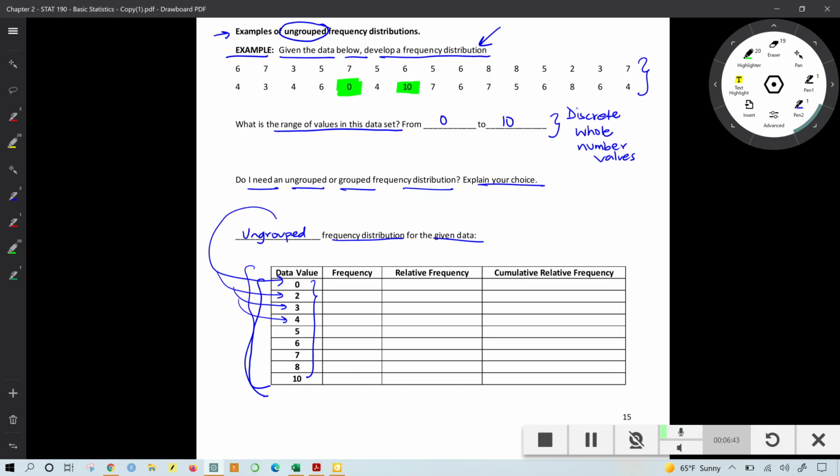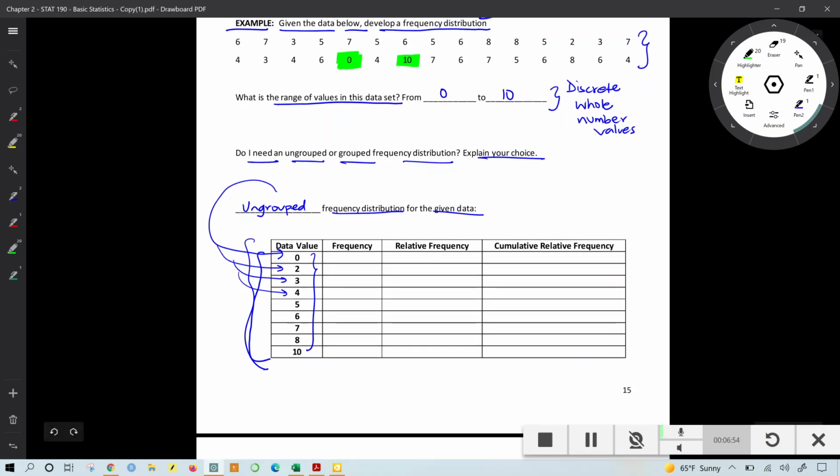It is not grouped with any other number. In a little bit, we're going to learn about grouped, and then you'll be able to draw the contrast. So again, since the range of values is from 0 to 10, which is not a very large range, I can see that if I list the numbers individually, this does not constitute an exceedingly long table.